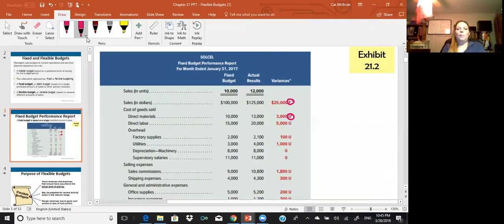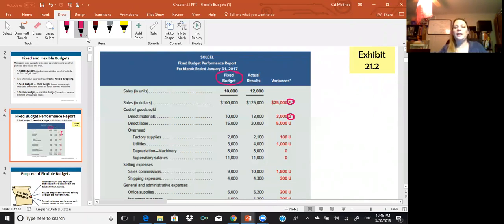But for expenses, I'm like, no, we spent too much. Oh, that's bad, right? So you're not done with your answer until you say whether it's favorable or unfavorable. Now, what we're looking at right here is our fixed budget. This is the budget that we just did. We haven't adjusted it for sales or anything.